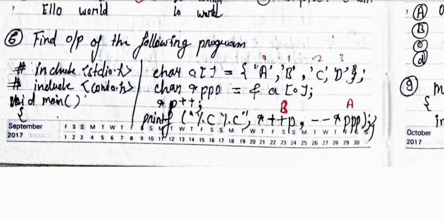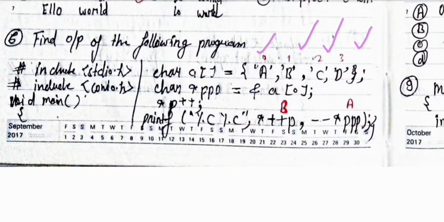So the address of A0 is A, address of A1 is B, address of A2 is C, and address of A3 is D. Now print the value of the pointer plus plus p and minus minus asterisk pointer. So we get the pointer pp.